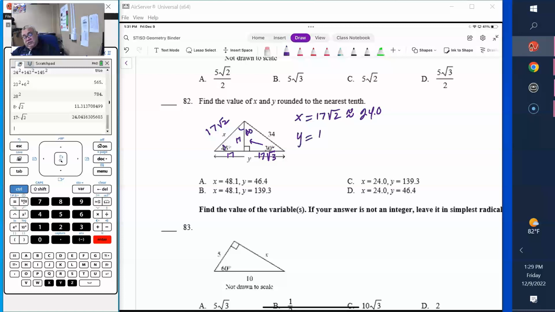So approximately, we have to figure out what that is. 17 plus 17 times the square root of 3 is 46.4. So your answer is D.